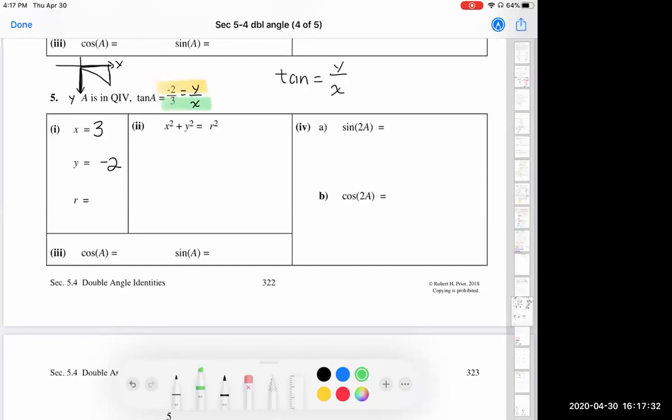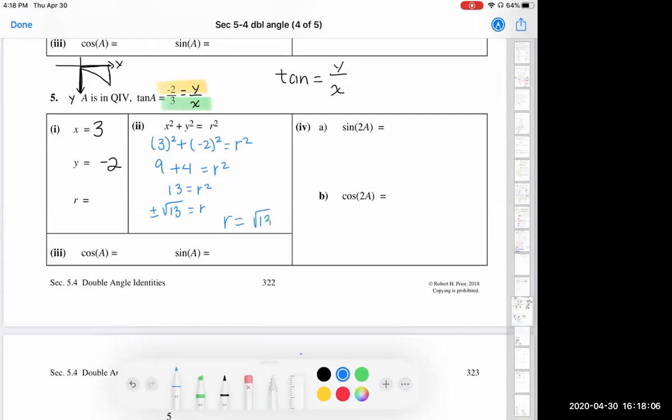Okay, now we have to find r. We can find r using x squared plus y squared. So 3 squared plus -2 squared is equal to r squared. So that'd be 9 plus 4, which is 13, equal to r squared. We take the square root. Plus or minus, we want positive because r is always positive. It's the hypotenuse.